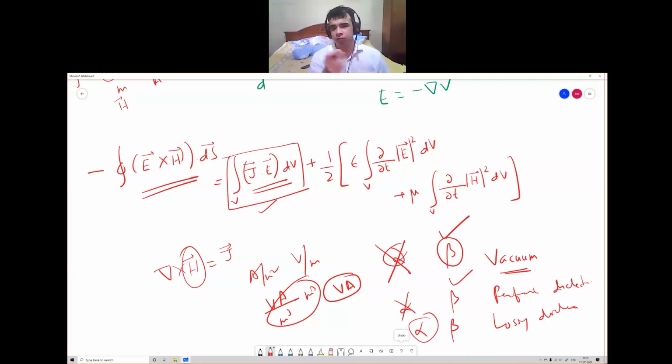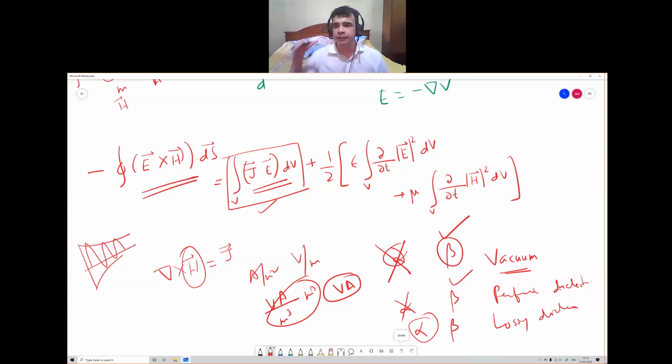So what could this J dot E be? Alpha was making the wave attenuate, right? So what could this mean? It means a loss in the medium.